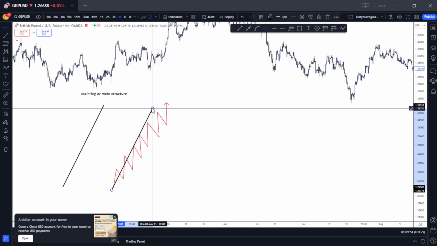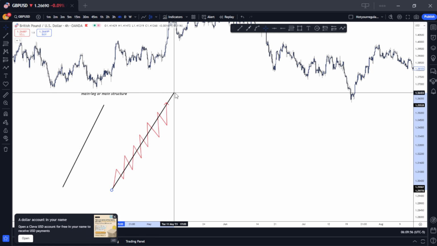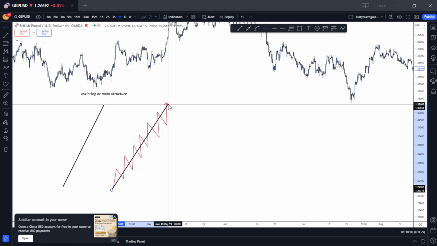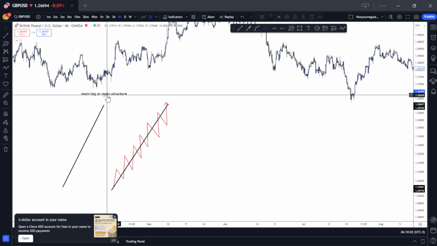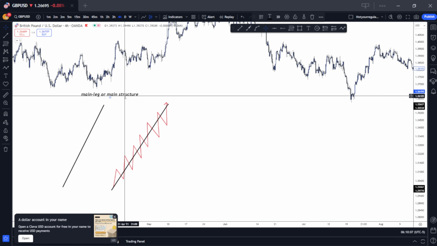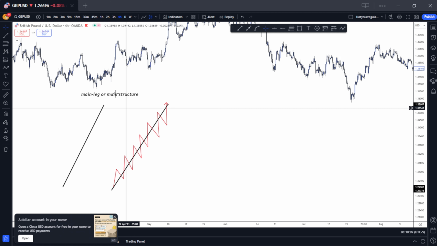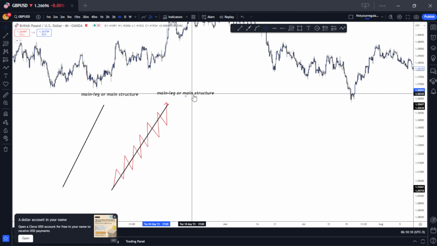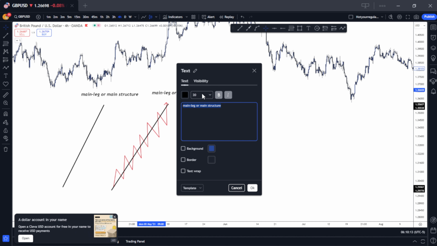This is our internal structure right here. The main structure. This is our internal structure.